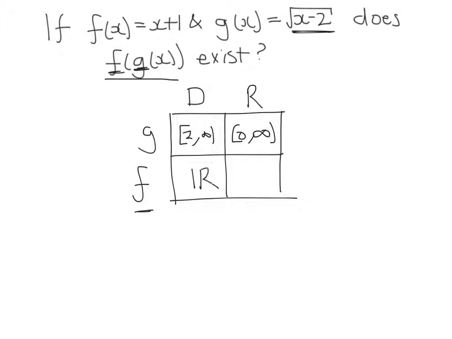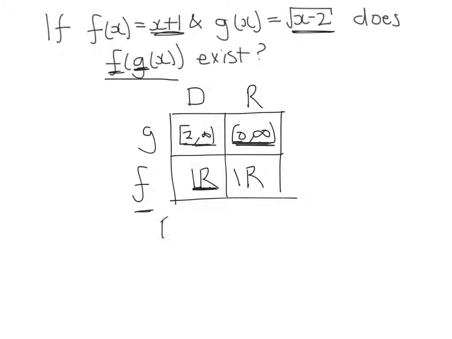And as before, there are no real restrictions on this domain. We can put in any x value we like and we'll get out any y value. Now, no matter what value we put into g of x, we'll only get a positive answer. So that means this part here will be a subset of this.